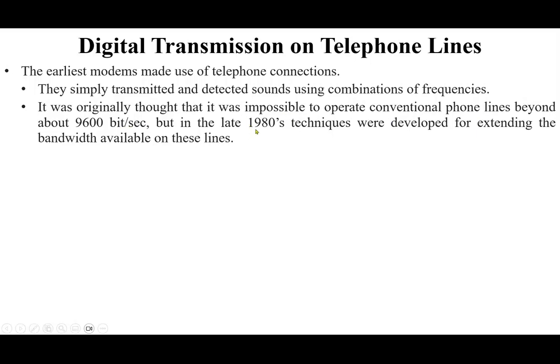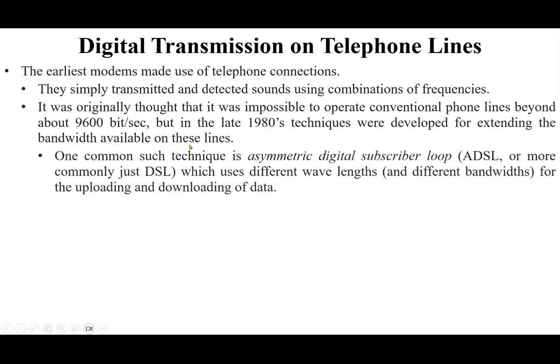But in the late 1980s, they developed techniques that got better bandwidth on existing telephone lines. The most common one of these is asymmetric digital subscriber loop, ADSL, or most commonly DSL.